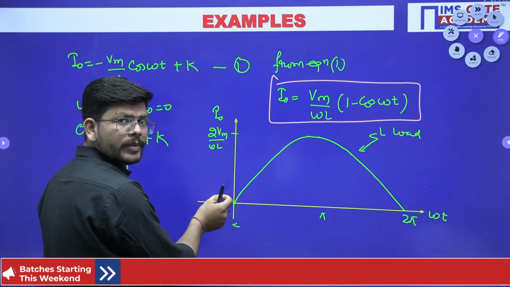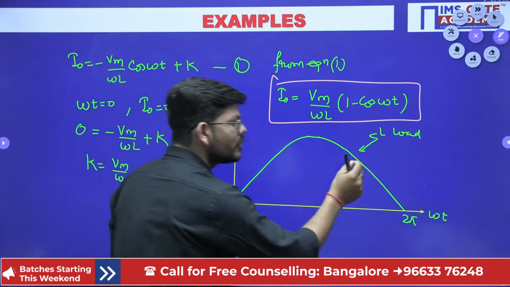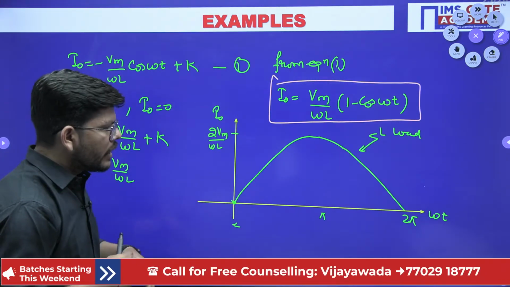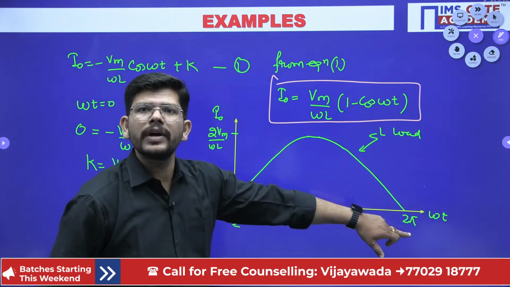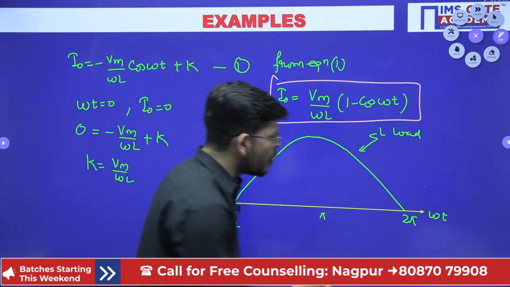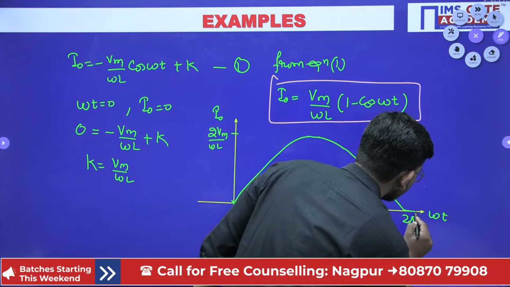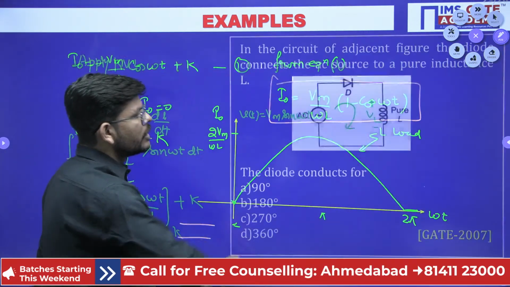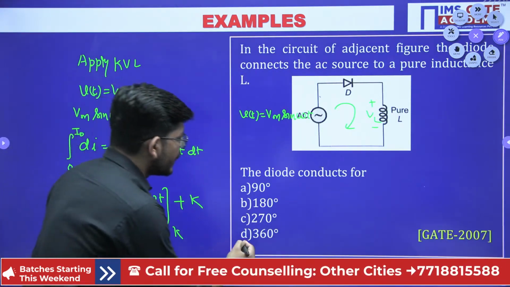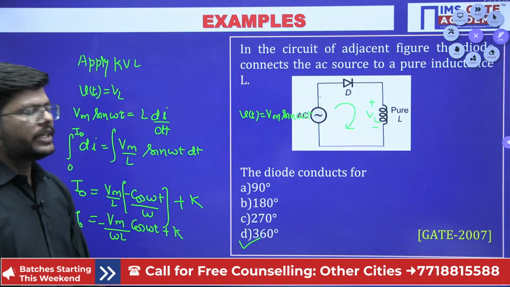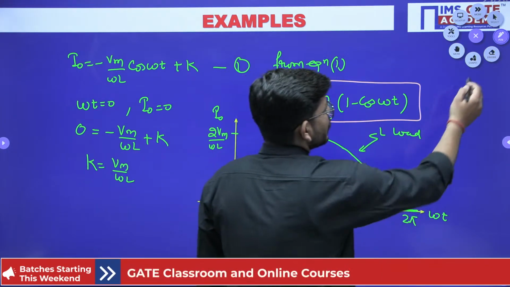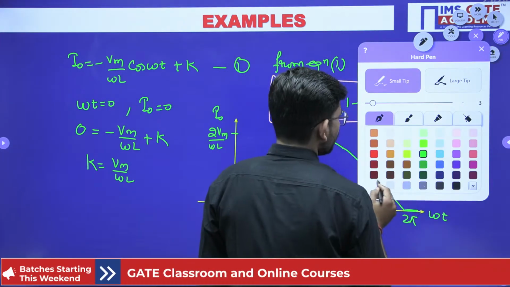At 2 pi it again becomes equal to 0. That means the diode will stop conducting from here, isn't it? So the diode has conducted for 2 pi, that means 360 degrees.